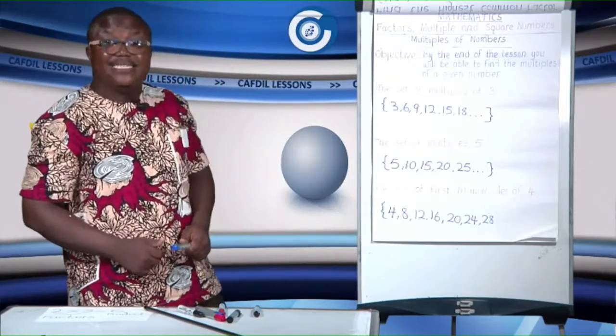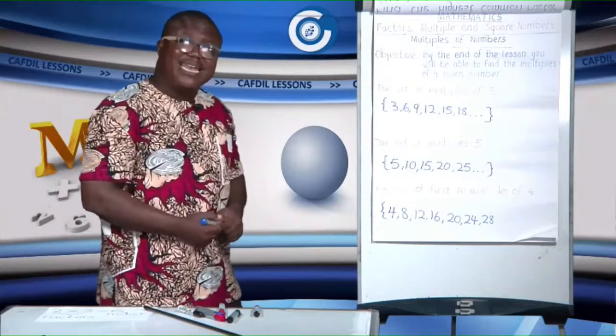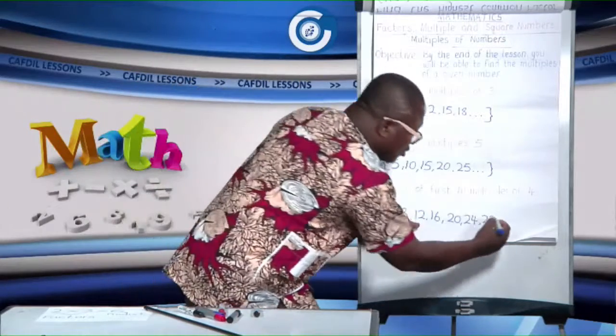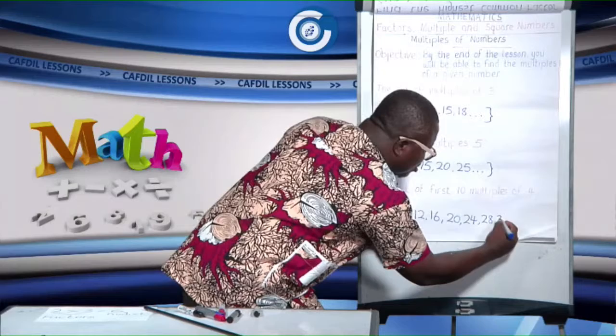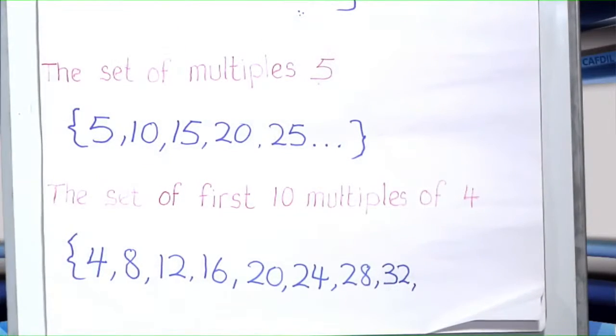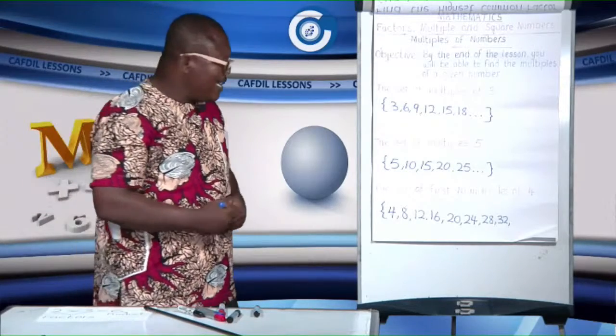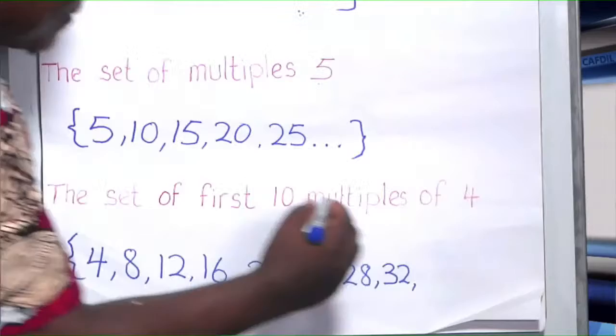So 28, when I add another 4 to it, it becomes what? 32. If I add another 4, it will be what? 36.